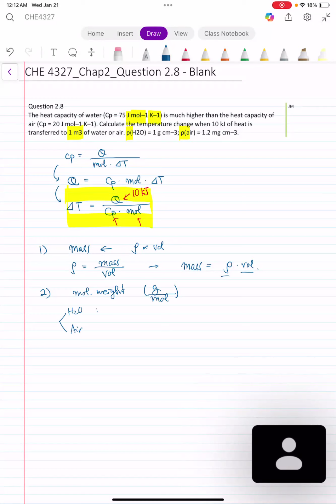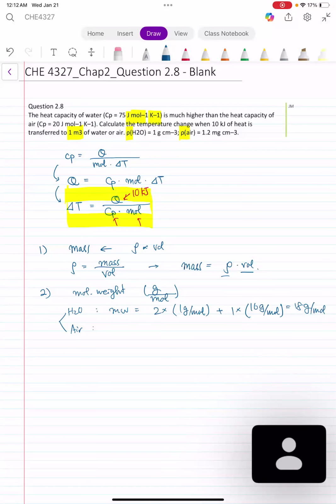Water is 2 H and 1 oxygen atom. So the molecular weight becomes 2 times the atomic mass unit, AMU, of hydrogen, 1 gram per mole, plus 1 times the AMU of oxygen. Therefore, you get 18 gram per mole as the molecular weight of water. For air, we have to take the average molecular weight of the component molecules.